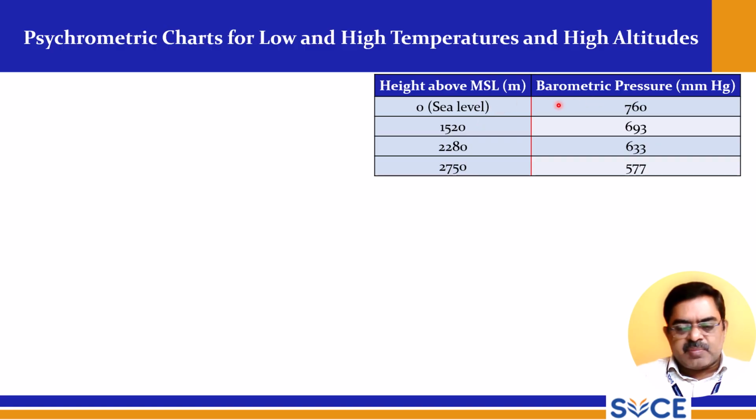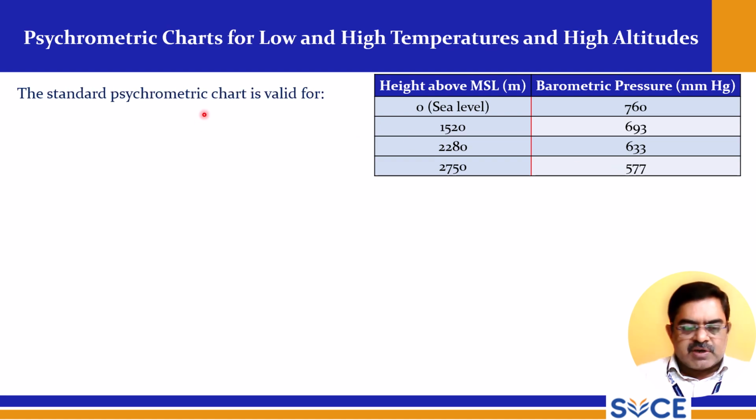The corresponding barometric pressure at sea level is 760 millimeter of Hg, and at 1520 it is 693 millimeter of Hg. When the altitude increases, the barometric pressure is getting reduced. At 2750 meters above the sea level, it is 577 only.